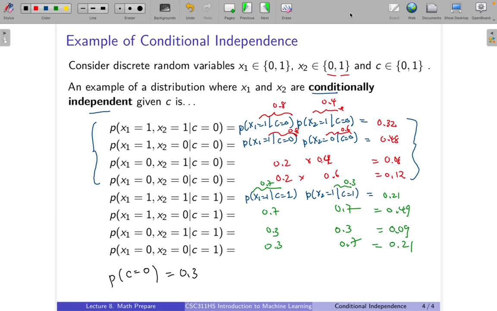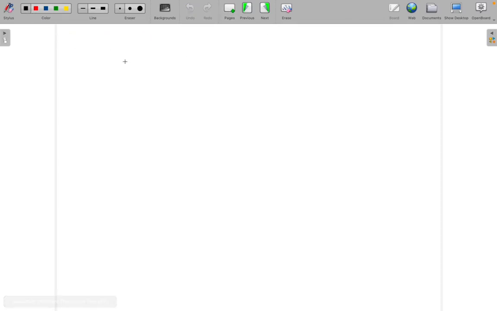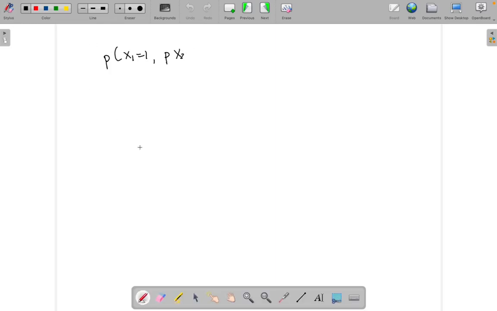Now, how do we show that this distribution, although it has the conditional independence property, has x1 and x2 not independent? Well, to do that, we'll need to compute two values. We'll need to compute the probability that x1 is equal to 1 and x2 is equal to 1.